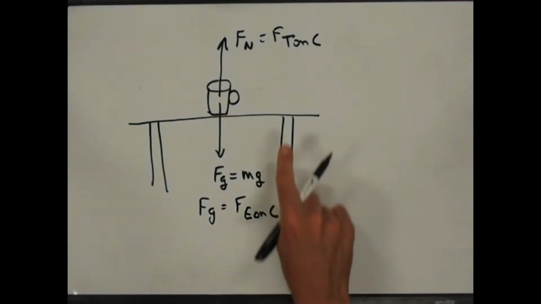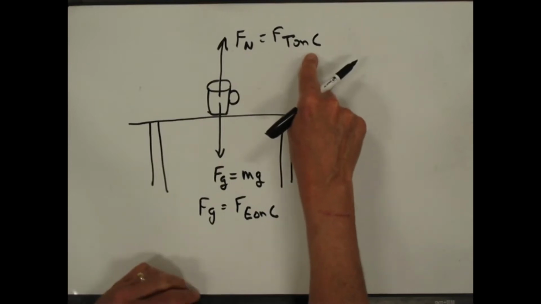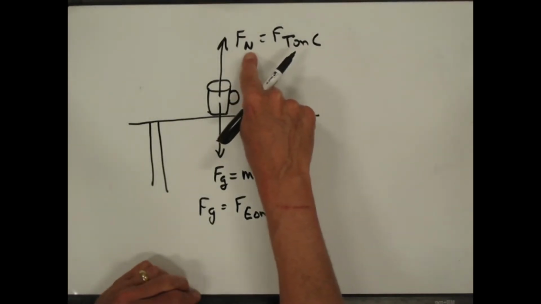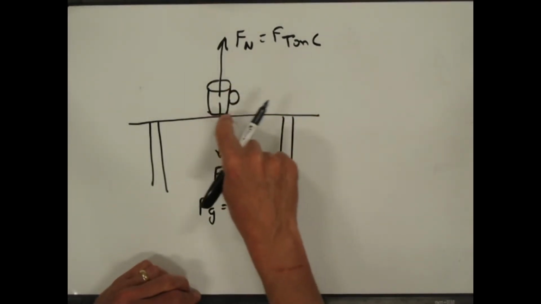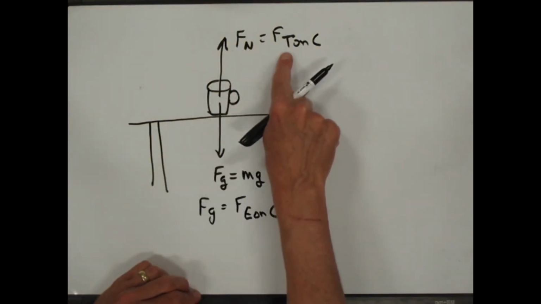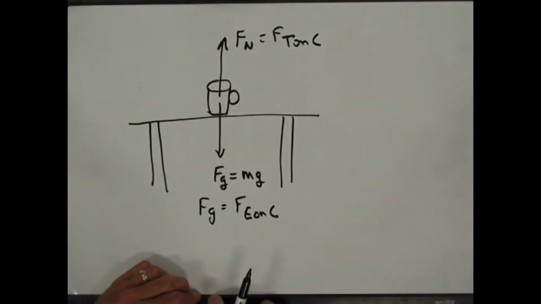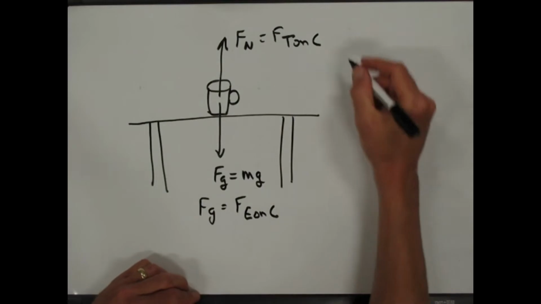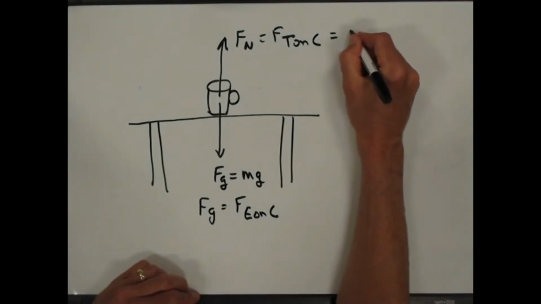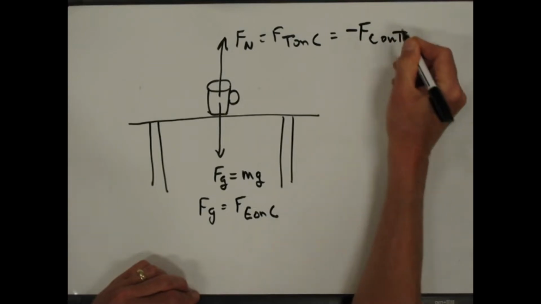Right? And so we won't always label them this way. A normal force is the name we give to any force that acts on an object due to a neighboring surface, but we can also call it, specifically, the force due to the table on the cup. Newton's third law would say that's equal to minus the force due to the cup on the table.